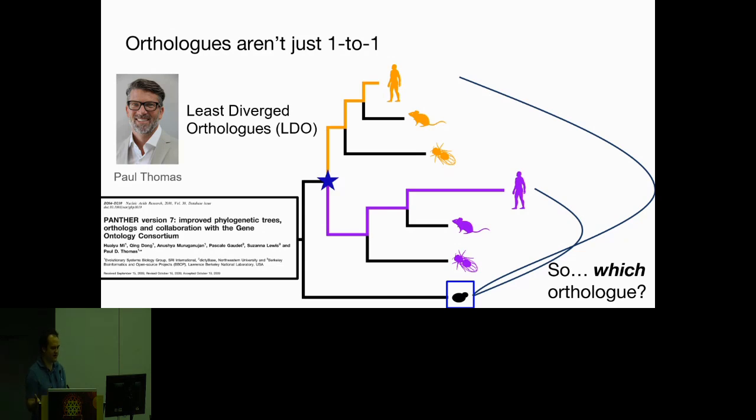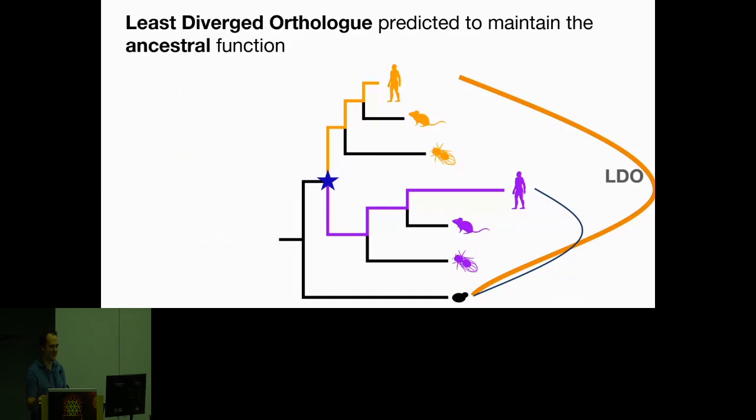For each of these human genes, we'd be comparing the branch length following duplication, and the least diverged ortholog in terms of sequence, because the species tree is based on sequence, would then be defined as the least diverged ortholog. The assumption we make based on this is that the least diverged ortholog is predicted to maintain the ancestral gene function.